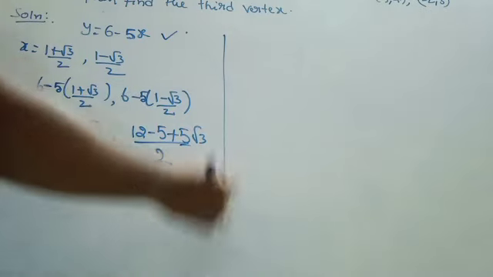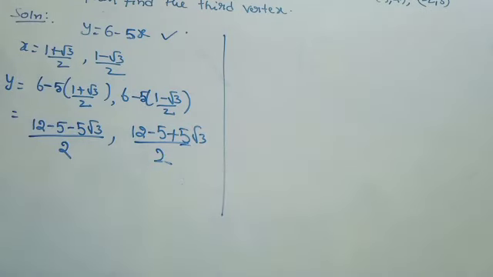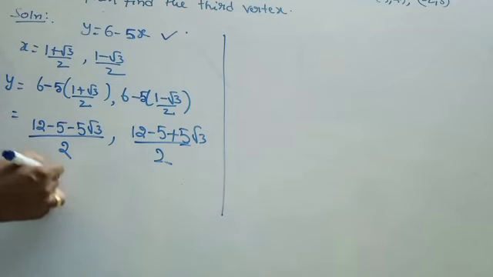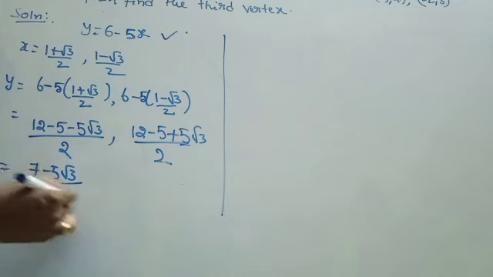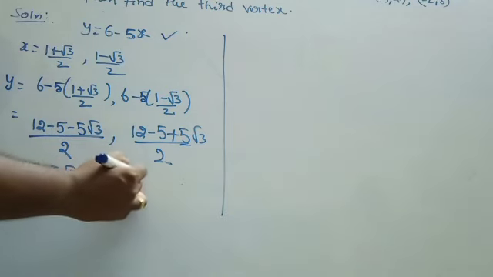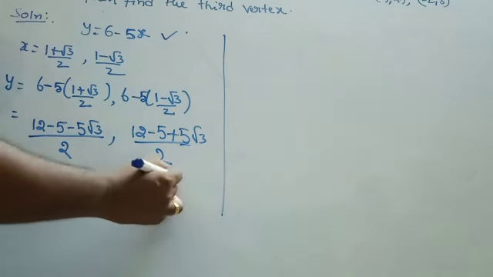That means you have got here, my dear students, the y values: 12 minus 5, 7 minus 5 root 3 by 2, and 12 minus 5, 7 plus 5 root 3 by 2, like this.